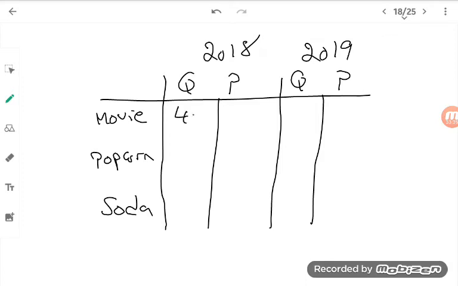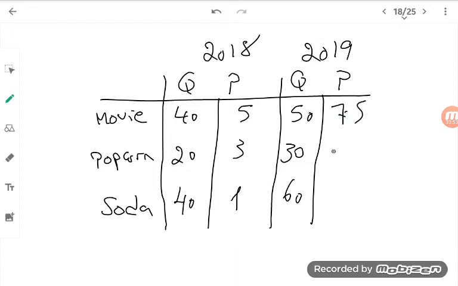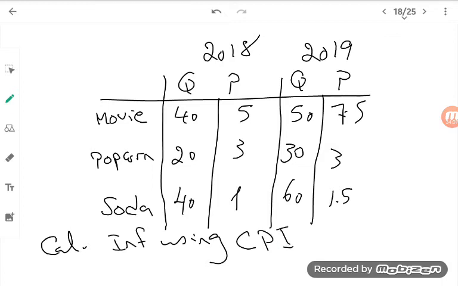Quantity in 2018: 40, 20 and 40. Prices: 5, 3 and 1. In 2019: 50, 30 and 60. Prices: 7.5, 3 and 1.5. Required: calculate inflation using CPI and GDP deflator.